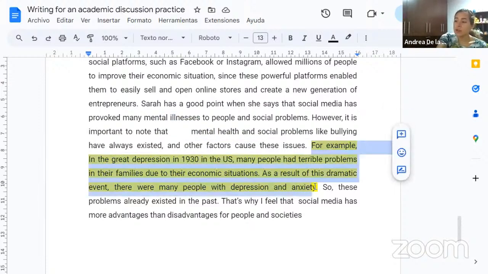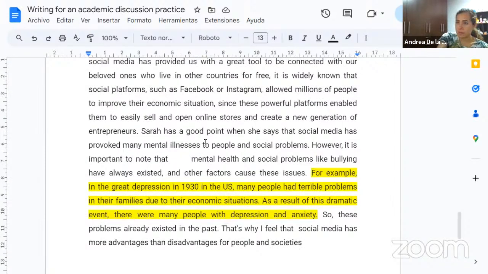But when you continue elaborating on this idea, instead of proving this point that mental illnesses have always existed, I would try to show or present details that show the good side of social media, because that is your main point at the end of the day.